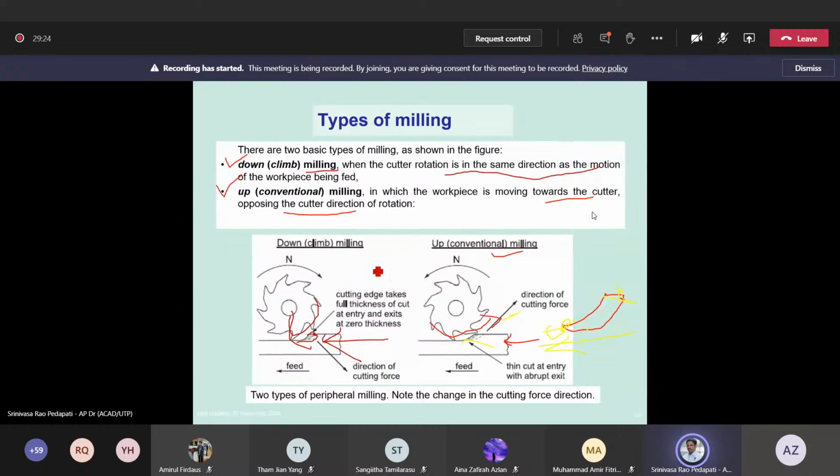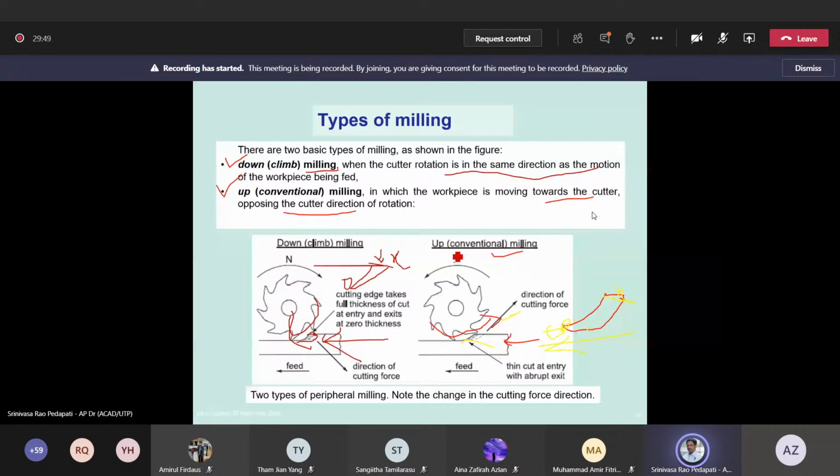When you look at the chip in this case, it is something like this, where it starts here. That means it starts with x and ends with 0. Initially it hits at the x position, with x thickness, and slowly it removes. So what is the difference between up milling and down milling?